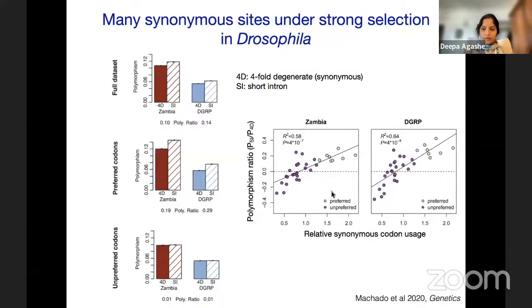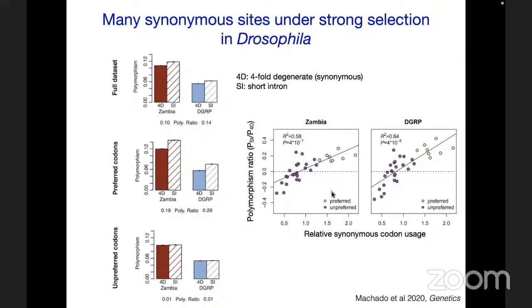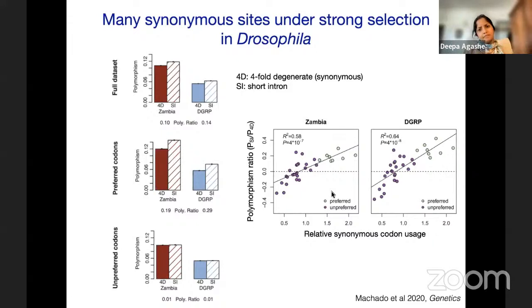Okay, Farhan, question? Yes, Deepa. I don't understand how the polymorphism level for introns changes between preferred and unpreferred codons? I think what they've done here, you're right, you can't define codons for introns. They've taken each codon and matched it, so it's a pairwise analysis, to the nearest short intron site that they find, where I think they look at the same context.